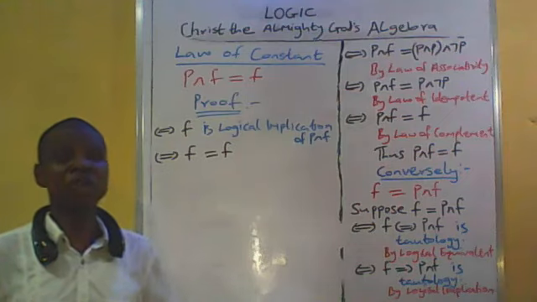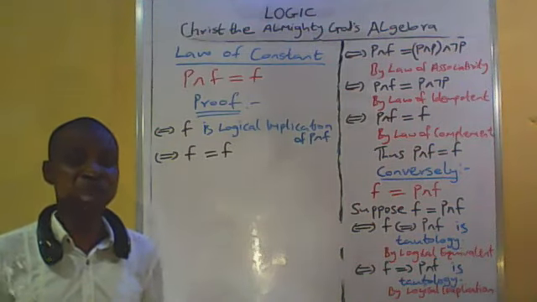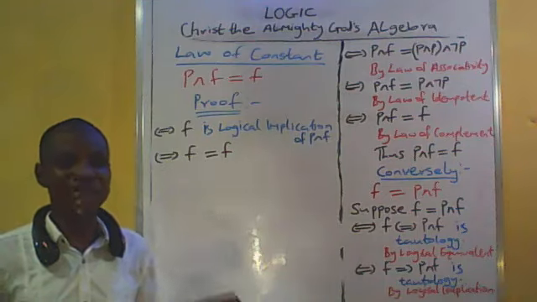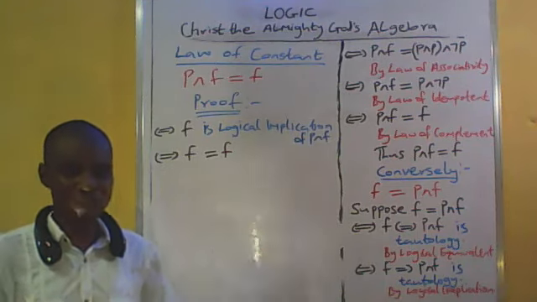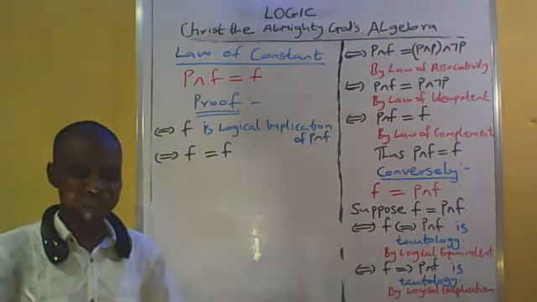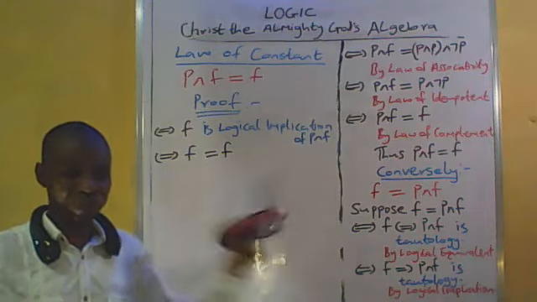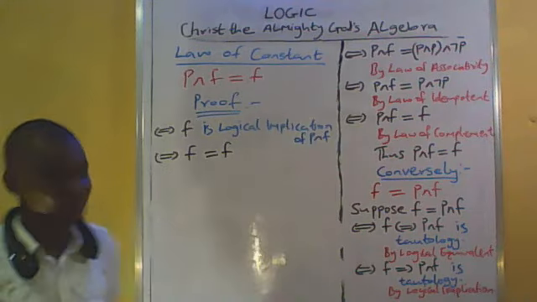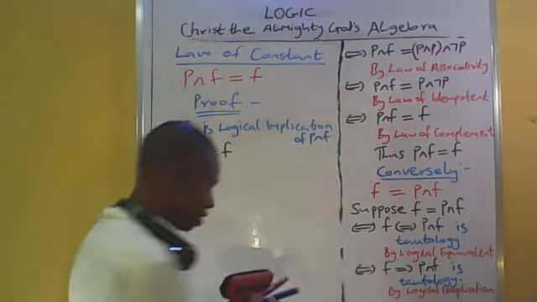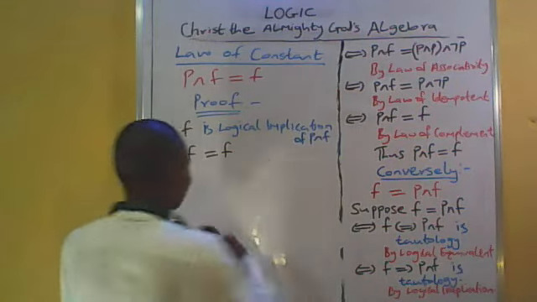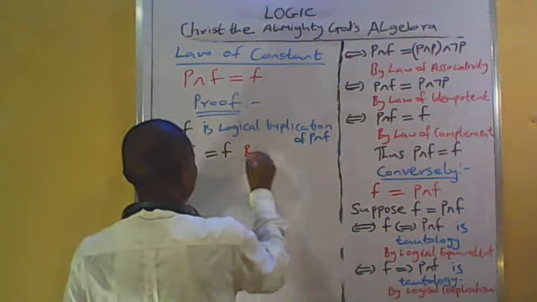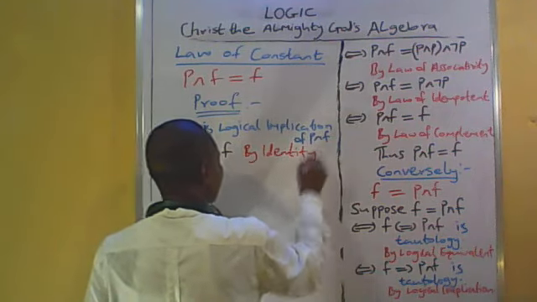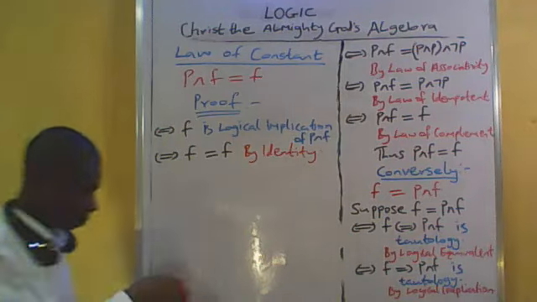So it is true that f is equal to f because whenever the left side is f, the right side is also f. You say it's a logical equivalence, being justified by identity. That means the sameness.